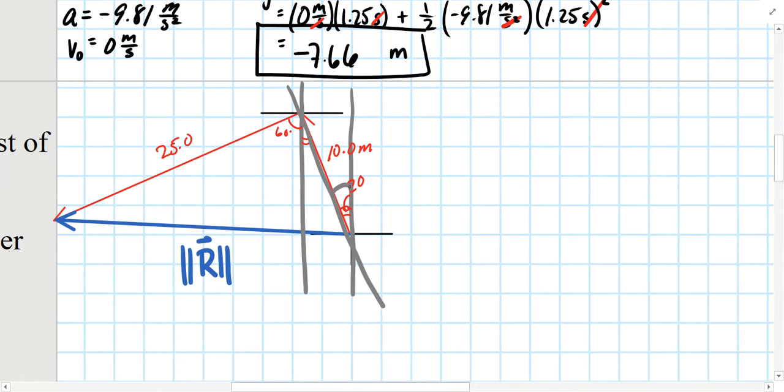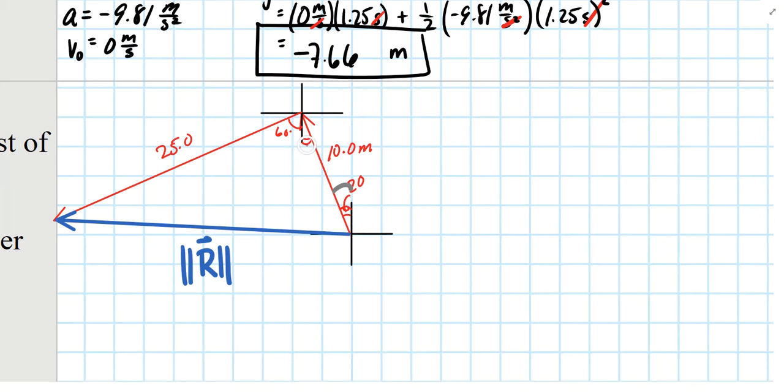So alternate interior angles are equivalent. So this component of the angle is 20 degrees. And this one's 60 degrees, so we've actually got a triangle that contains an included angle of 80 degrees total.